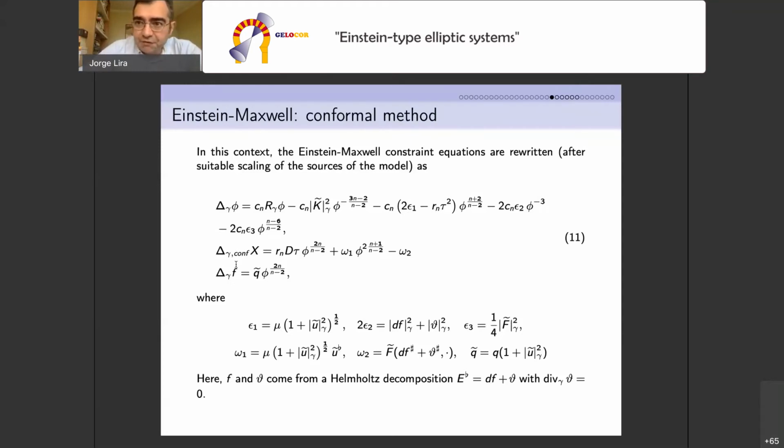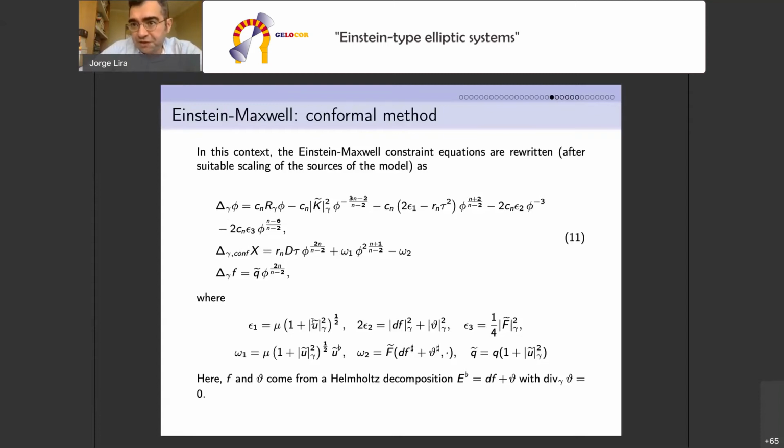The second equation corresponds to the momentum constraint equation. So again, you want to determine this non-free part of the second fundamental form. But this, again, can be formulated in terms of some Laplacian, which is now a vector Laplacian. But the right-hand side, again, depends on the mean curvature. It depends on these guys, omega 1 and omega 2, and of course epsilon 1, epsilon 2.